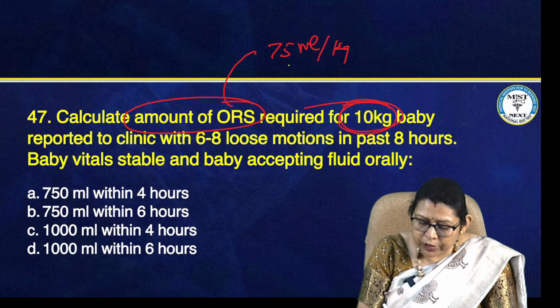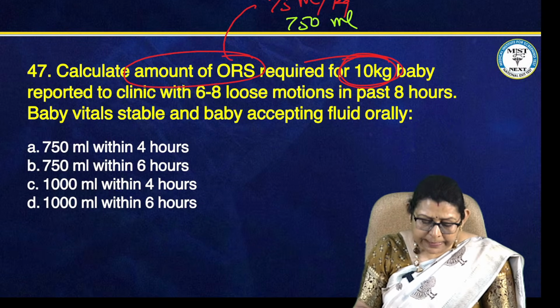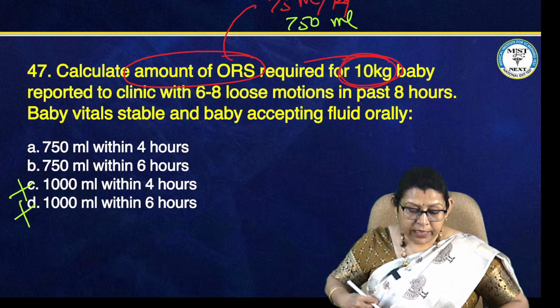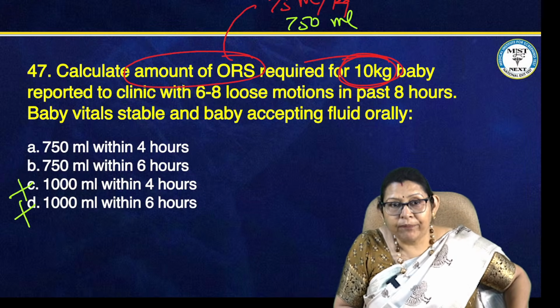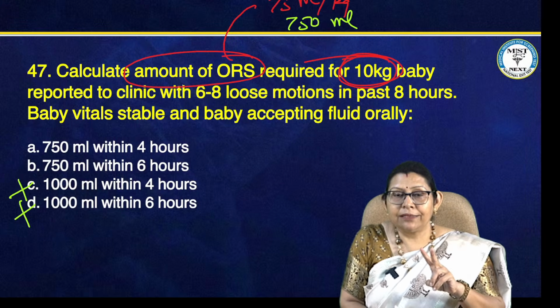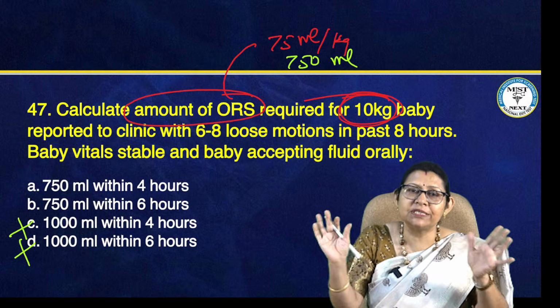So the total required is 750 ml. Now यहाँ पे it will not be 1000. अब catch क्या आ गया कि 750 ml जो है आप 4 hours में दोगे या 6 hours में दोगे. So ORS का याद रखना, the amount of ORS is to be given in 4 hours and IV fluid is given in 6 hours.